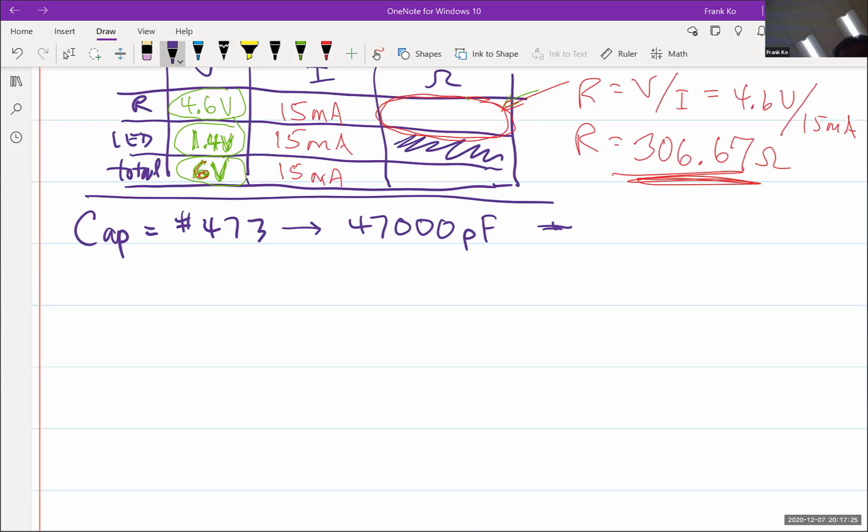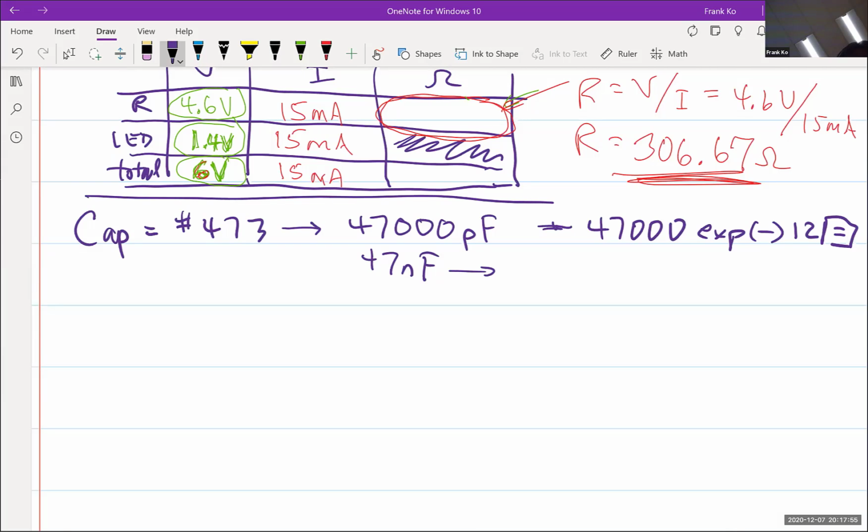When you key this into the calculator, it's 47,000 EXP negative, and pico is what power of 10? Negative 12. So when you hit your equal sign, your calculator will show you 47 nanofarads, yes? Although I would accept 47 nanofarads, we know that is not a standard unit for capacitors. We really ought to go to microfarads.